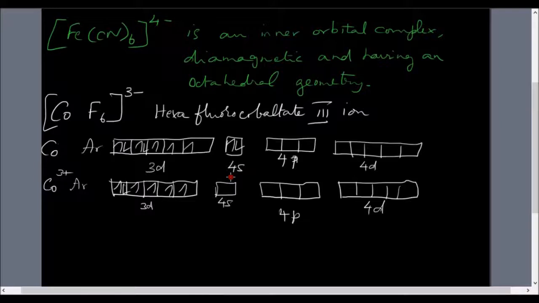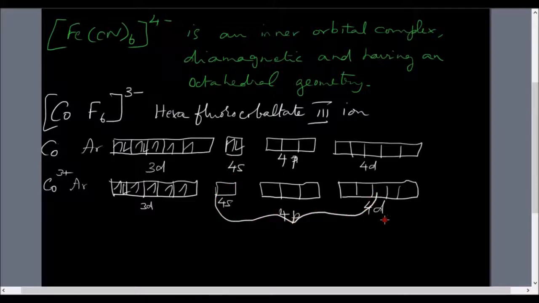To make it paramagnetic, we should allow the unpaired electrons to remain as they are. Hence, we should involve only the 4s orbital, 4p orbitals and 2 of the 4d orbitals for hybridization. So these are the orbitals to be taken for hybridization.